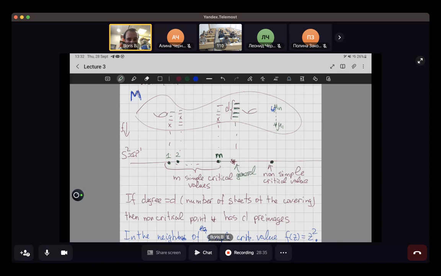If you fix the points downstairs on S2, if you fix m points, which are the critical values for simple ramification, and then the one special point which corresponds to ramification profile mu1 and so on. Why is it clear that the number of equivalence classes is finite?